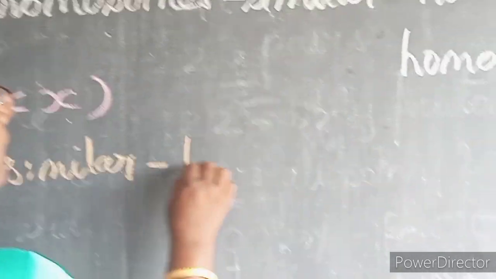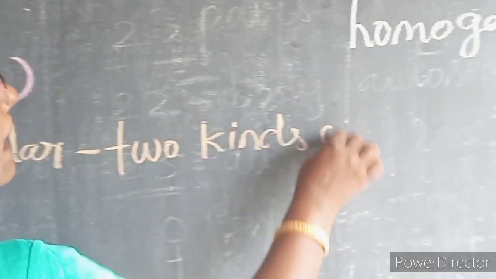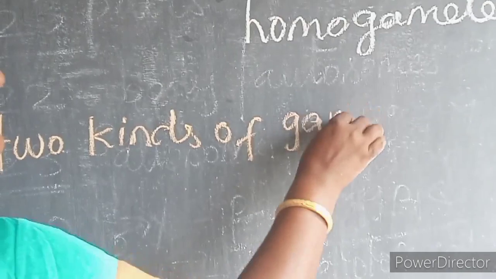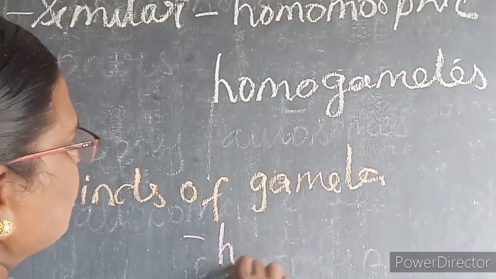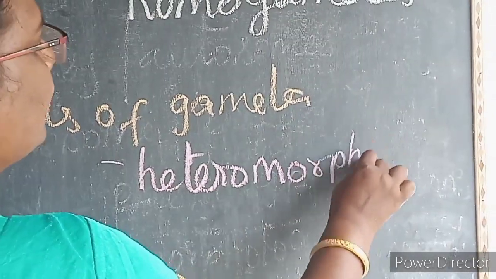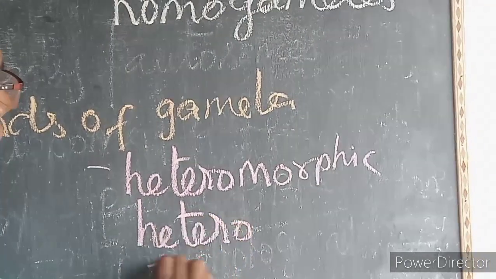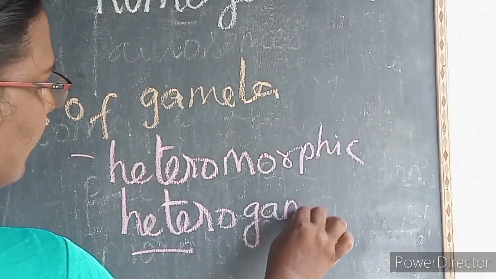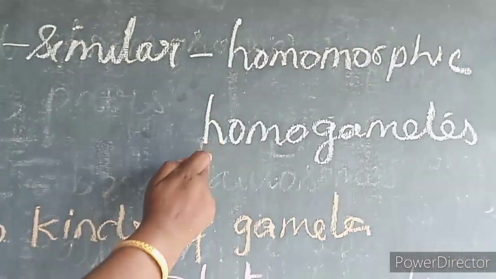If the sex chromosomes are dissimilar, producing two different types of gametes, then it is called heteromorphic or heterogametes. Hetero means different. If the gametes are similar, it is called homomorphic or homogametes.